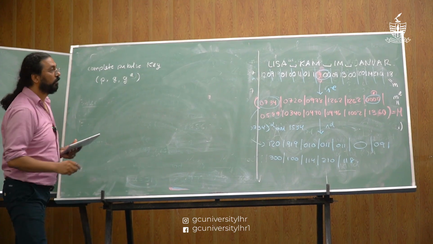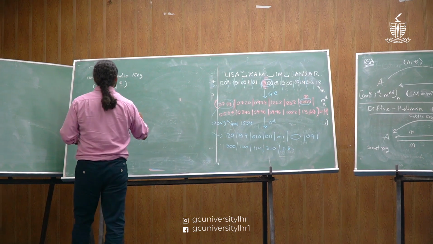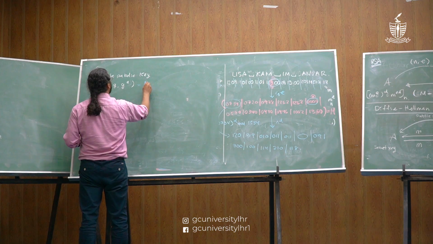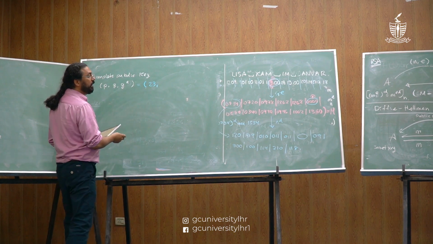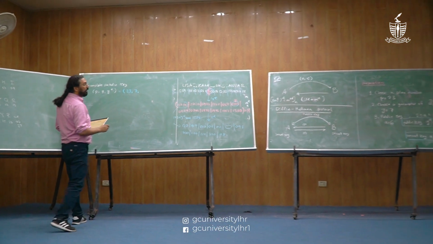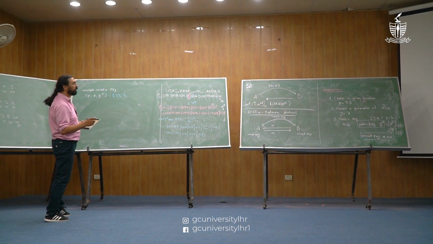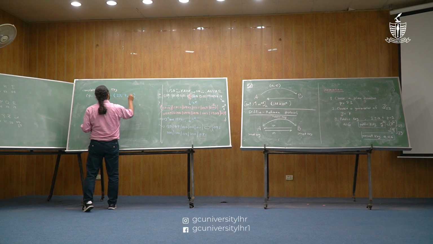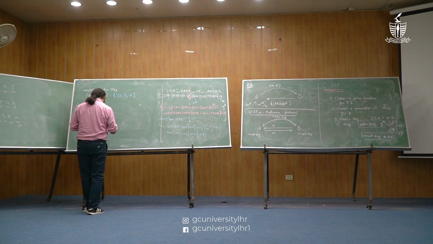According to what we have, P is equal to 23, G is equal to 7, and G to the A is 4. Like this. Okay. This is the public key.